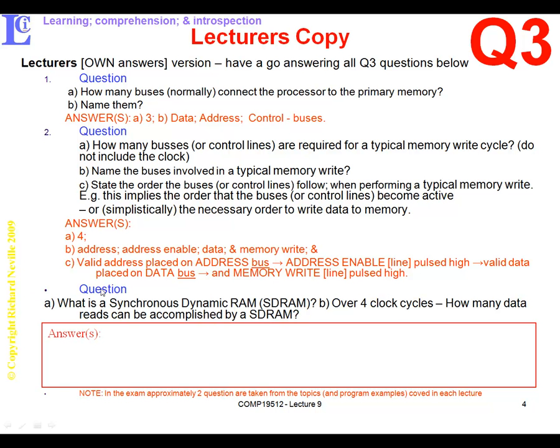Now moving on to Q3, and this should be 3 in fact. What is a synchronous DRAM, SDRAM? If you remember, we had enigmas with this concept, and the concept, if you remember back, was byte addressable, and how byte implies 8, and what that implied is that the address was put out on the address bus, but the information retrieved from a byte addressable memory is 8 bits on the 8-bit data bus.